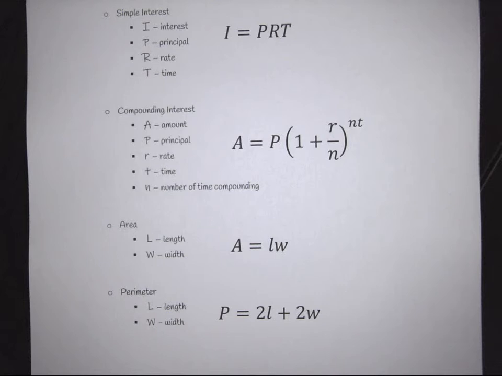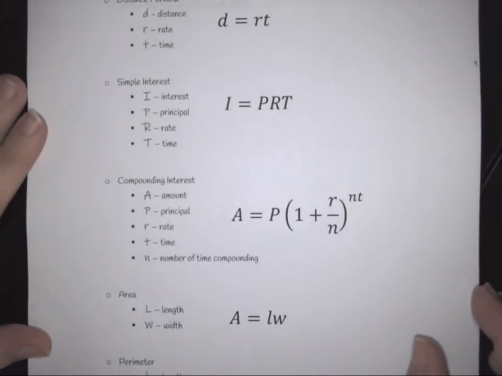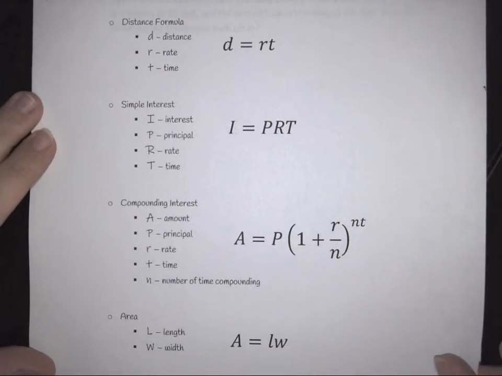And perimeter is talking about your exterior walls, whereas area would be talking about what it might take to blanket your room. Or if you're thinking about a house, an area would be how much, say, carpet is needed to fill the space. And so therefore, that's why we do the multiplication. Okay, so we need to keep these different formulas in mind as we attack some of these problems.